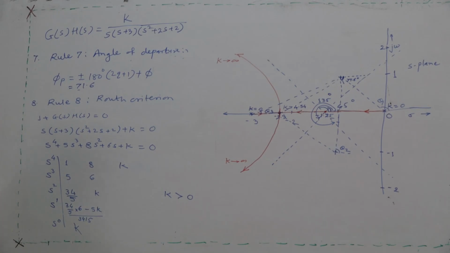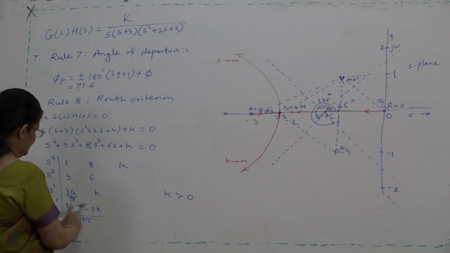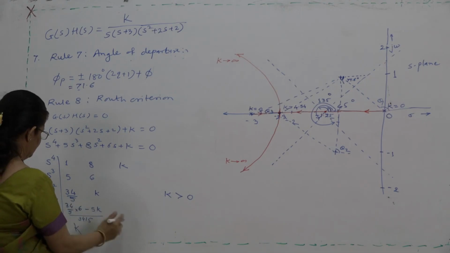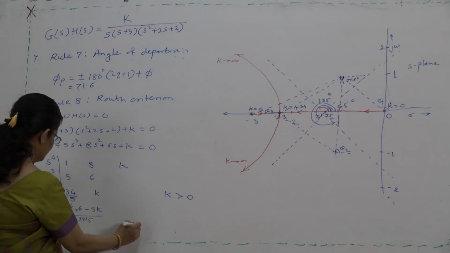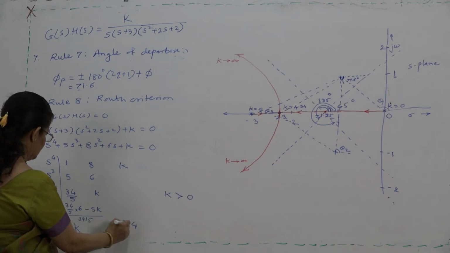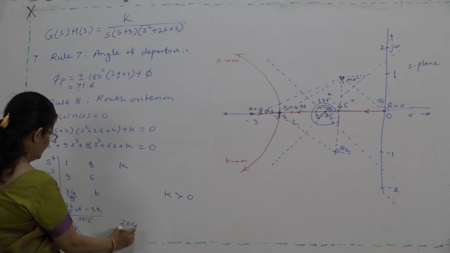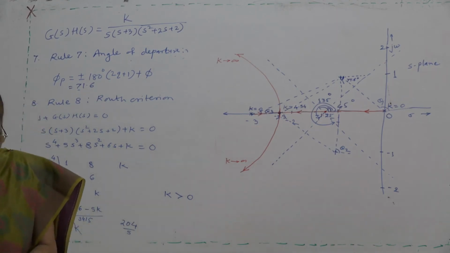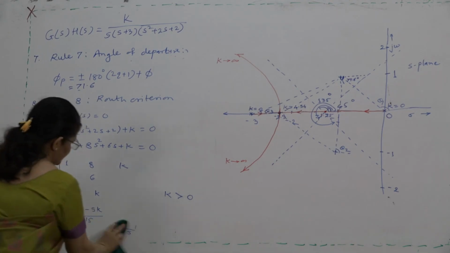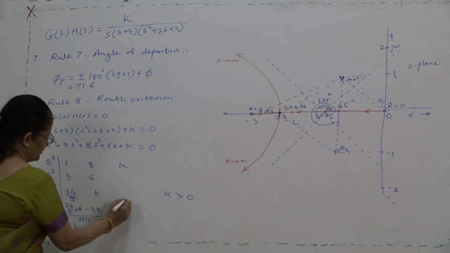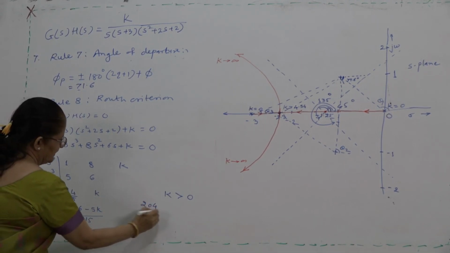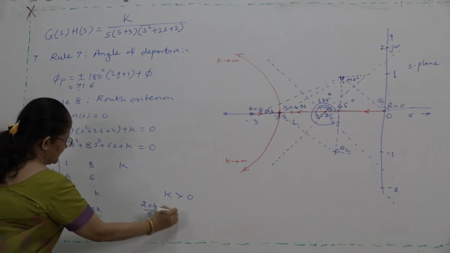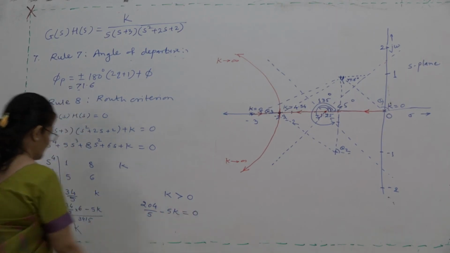So, simplify it. What does the Routh criterion say? The Routh criterion says that all the elements in the first column must be positive, because 1 is positive. So, if I want all the elements in the first column positive, K must be greater than 0, as well as this must be greater than 0. So, simplify it and find what value you get.